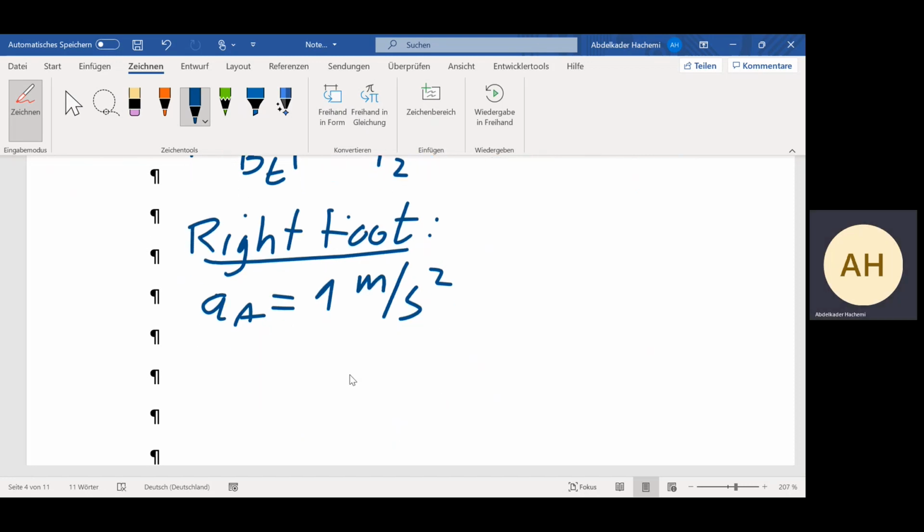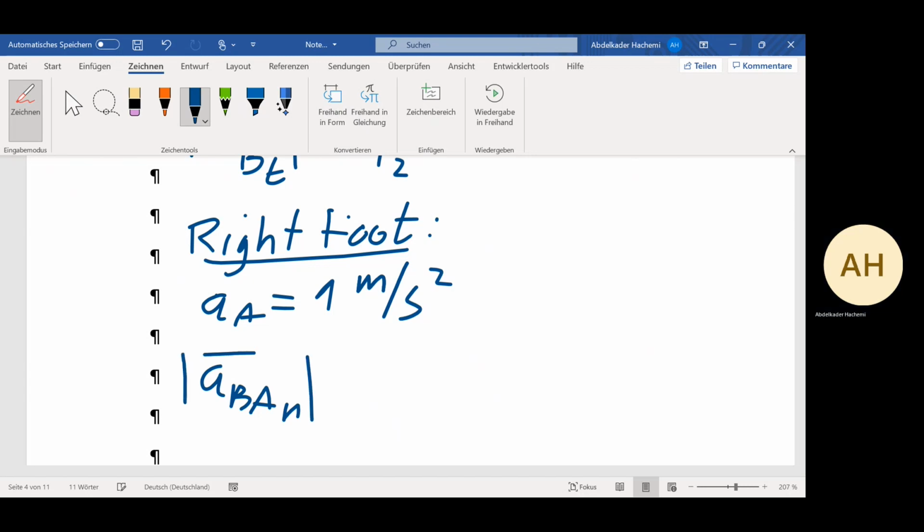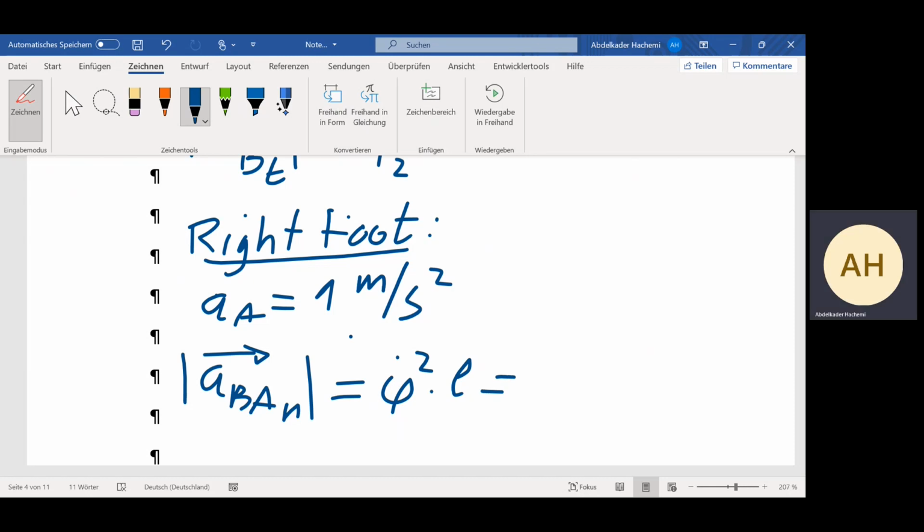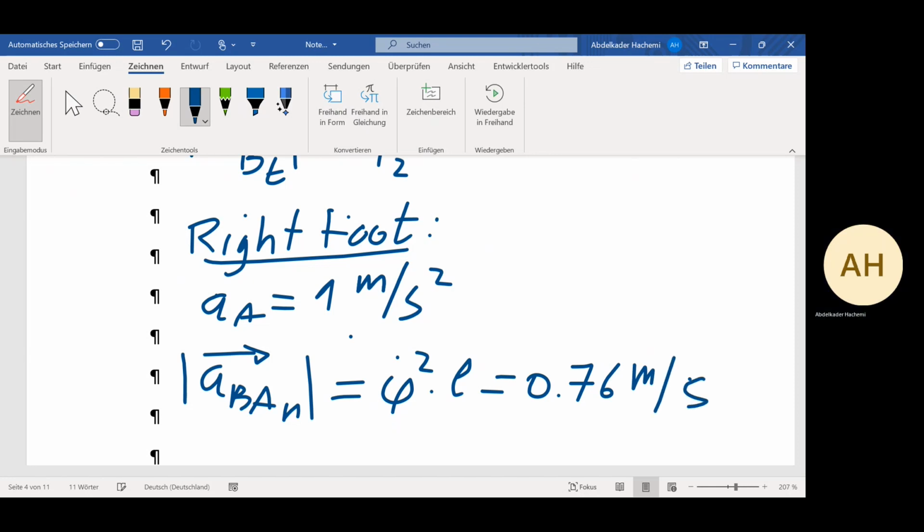And we have AB, the relative normal component, as magnitude. This is phi dot square multiplied by L, and we know the value. It's 0.76 meter per second square.